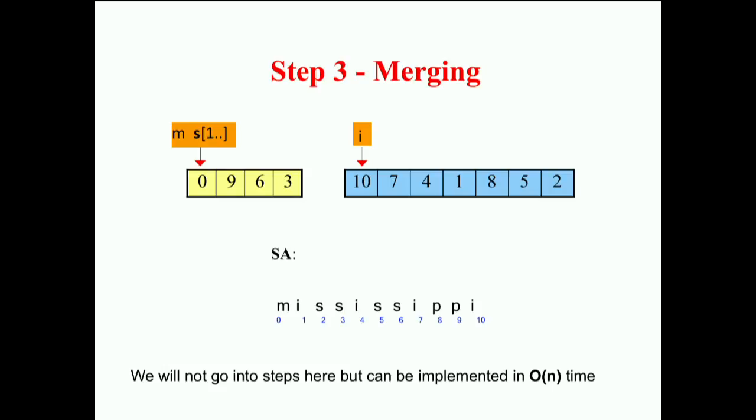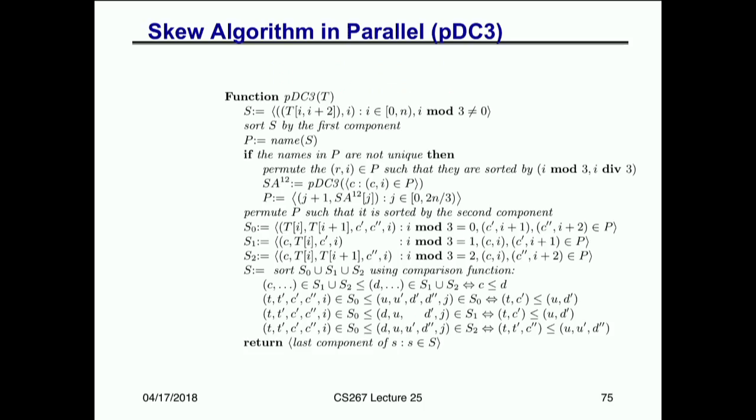That's all. And what happens in parallel is this picture. This is also the same authors that invented the skew algorithm, who wrote the parallel version. Long, but let me show you what's going on. There are two parallel sorts, right? I did the sort to get the triples.